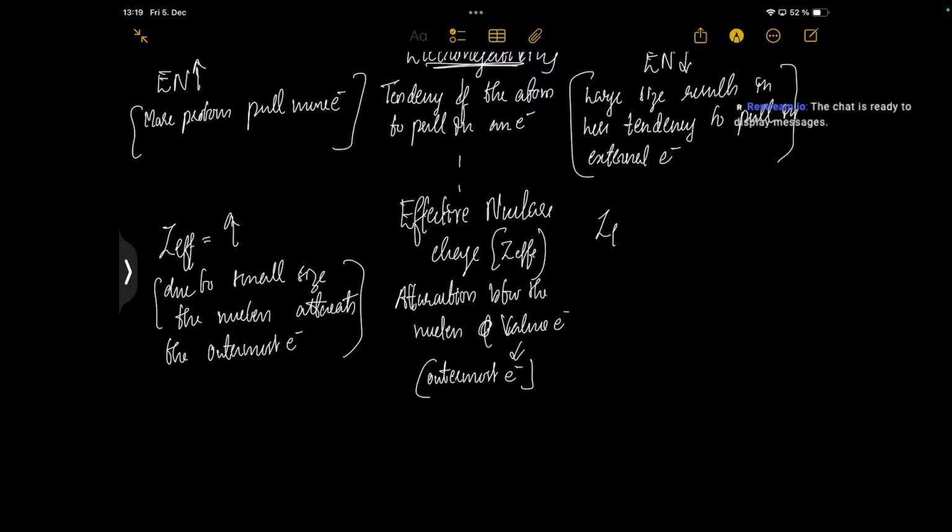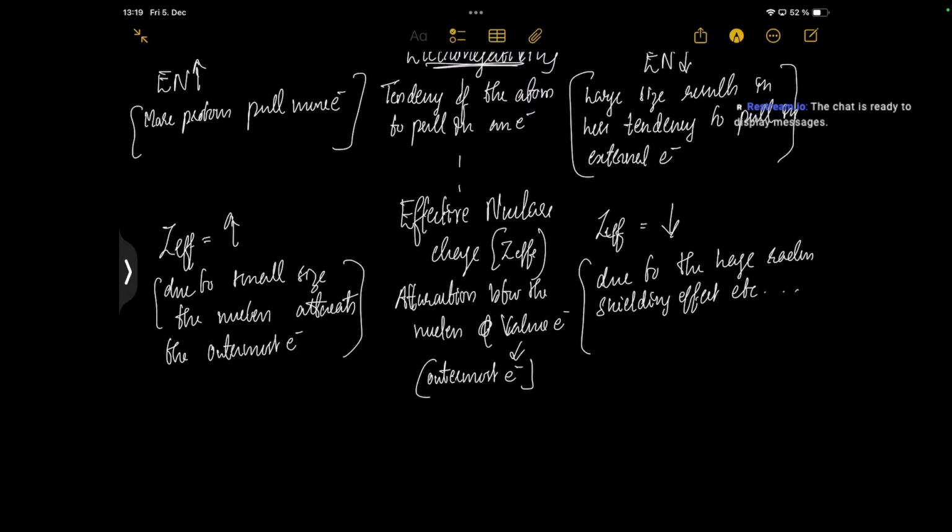Now, effective nuclear charge for bigger atoms is going to be low, because due to the large radius, shielding effect, etc. Less attraction between the nucleus and the outermost shell.